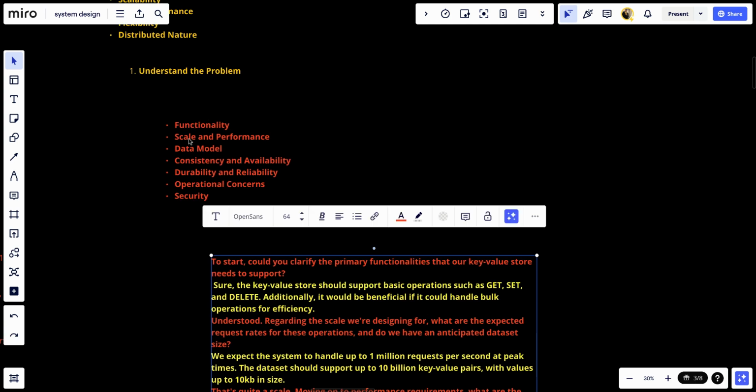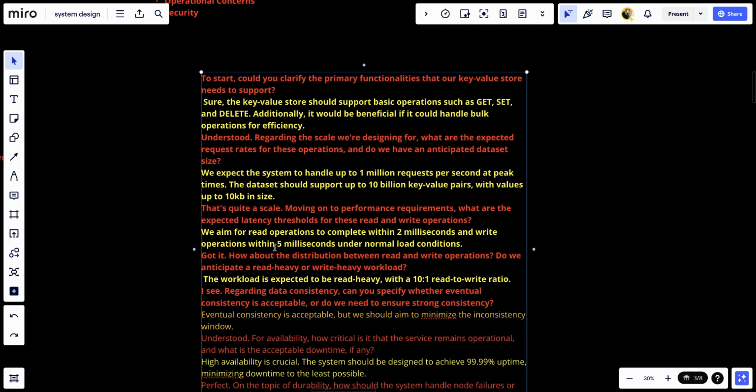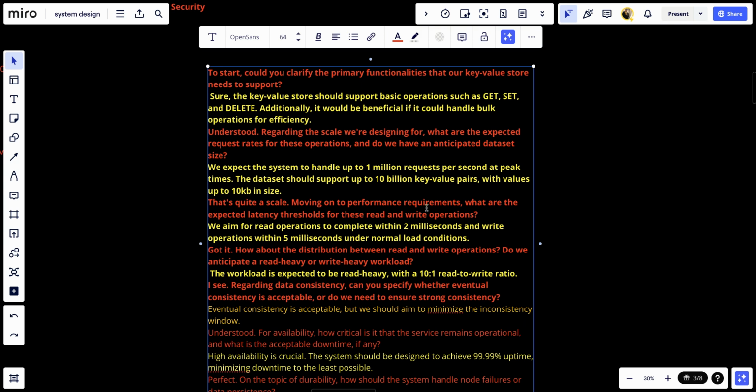We asked about the functionality and scale, and now we want to ask about the performance. So moving to performance requirements, what are the expected latency thresholds for read and write operations? We aim for read operations to complete within 2 milliseconds and write operations within 5 milliseconds. So right now I know we need our system to be pretty fast in read operations.